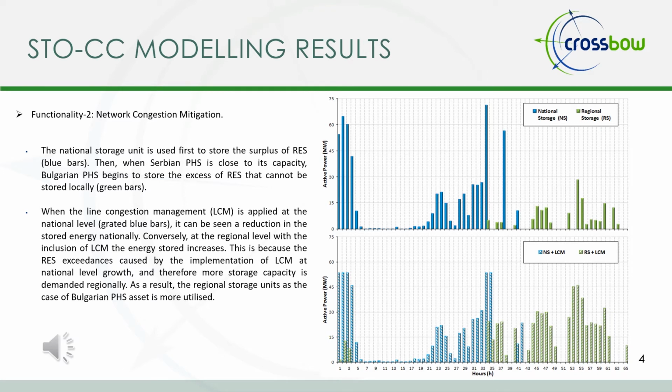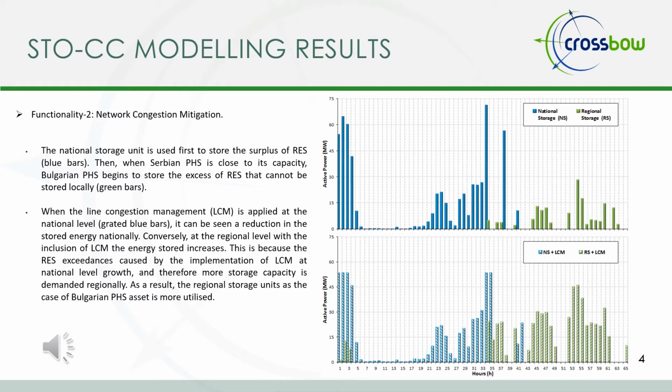The Serbian network represents the national storage system, whereas Bulgaria is used to represent the regional storage system. So when the Serbian pump hydro storage is close to its capacity, the Bulgarian storage system begins to store the excess of RES that cannot be stored locally, and this is represented by the green bar in the top figure.